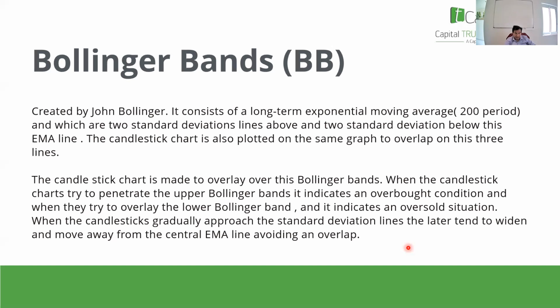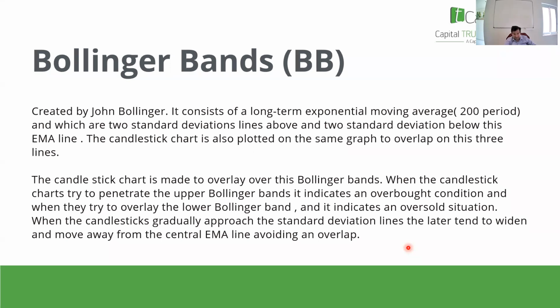You see that the candlestick chart is also plotted on the same graph, because Bollinger Band is not only a buying prompt or a selling prompt, but also an overbought indicator. When it hits the upper two standard deviations limit, you are advised to sell, to bring it down.